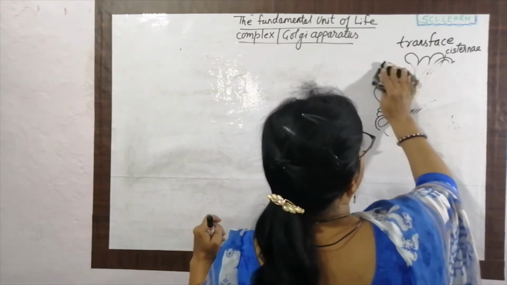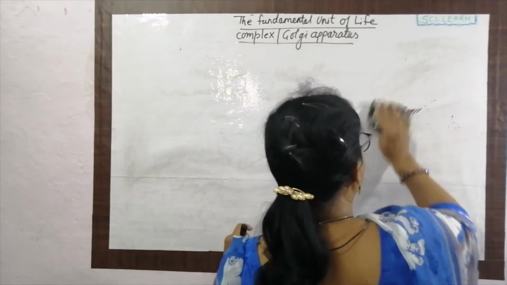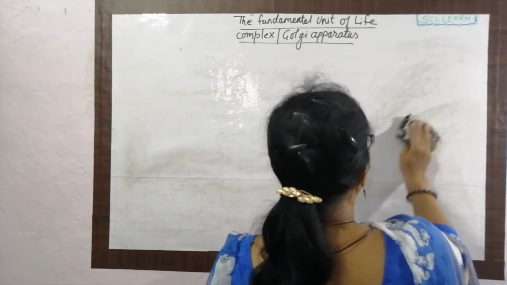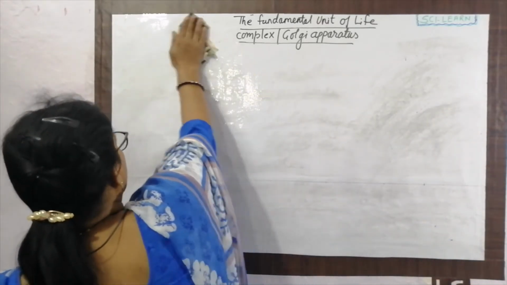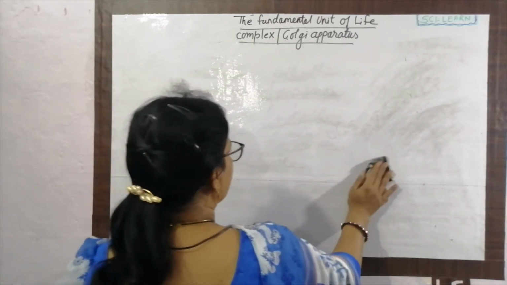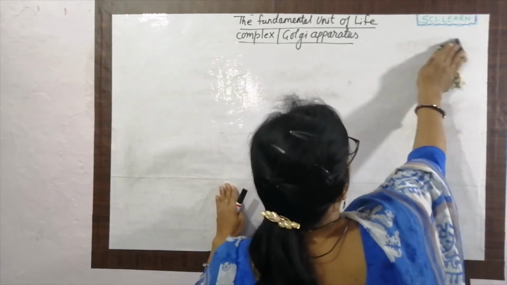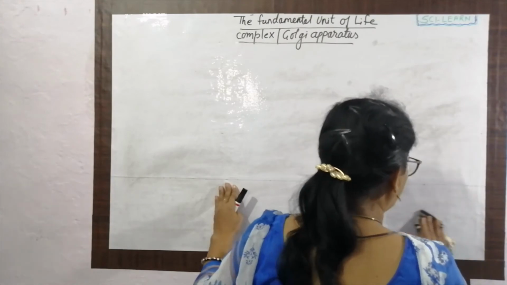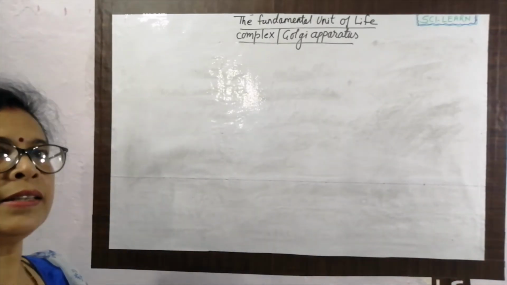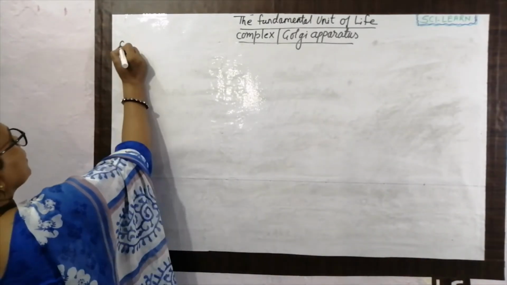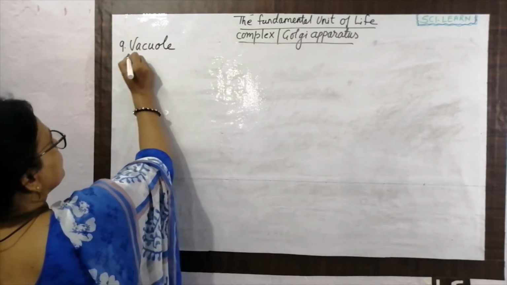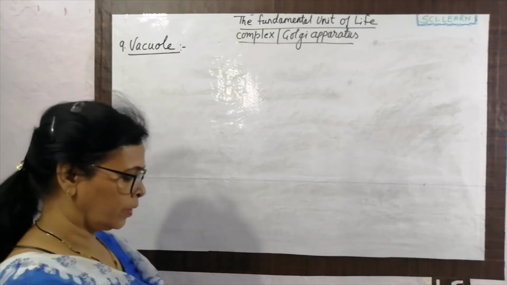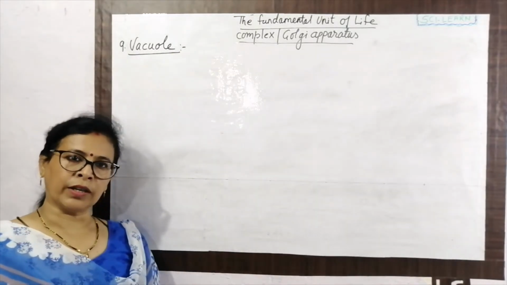In animal cells it may be absent, or very small in size, or we are unable to see it properly. It means it is a peculiar character of the plant cell only. Next cell organelle, number 9, is the vacuole.